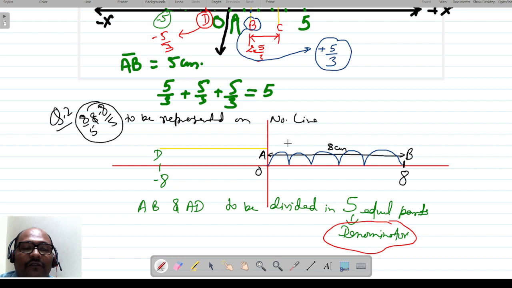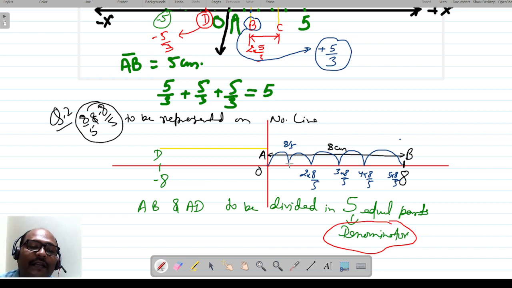So this is 8 by 5, right? And this will be 2 times 8 by 5. This will be 3 times 8 by 5. This will be 4 times 8 by 5. And this will be 5 times 8 by 5, which will equal 8.